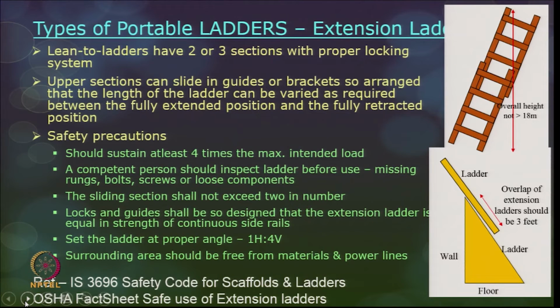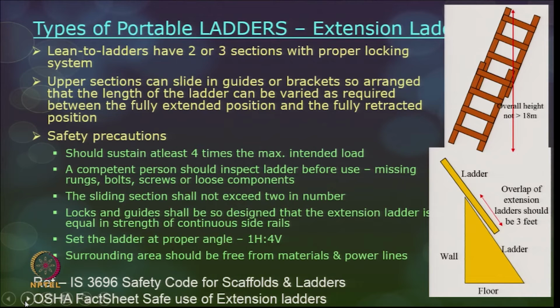And these are lean to ladders having at least 2 or 3 sections. Generally they do not have more than 3 sections, with a proper locking system, and the upper sections can slide in guides or brackets so arranged that the length of the ladder can be varied. As a safety precaution, when these ladders are in the fully extended position, they should have the same strength as if they were a continuous rail.